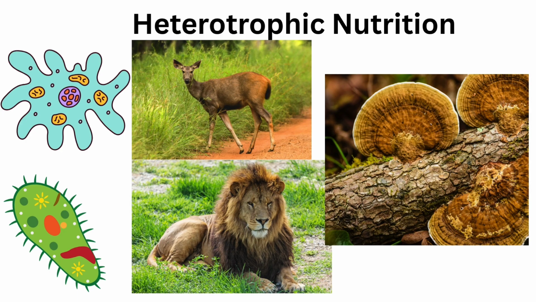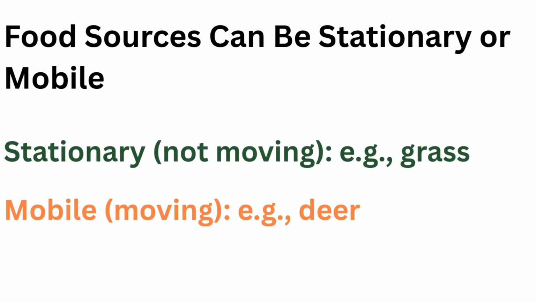Each organism is adapted to its own environment. The form of nutrition differs depending on the type of food, how easily it is available, and how the organism obtains it. For example, some organisms feed on stationary food sources, that is, food that does not move like grass.